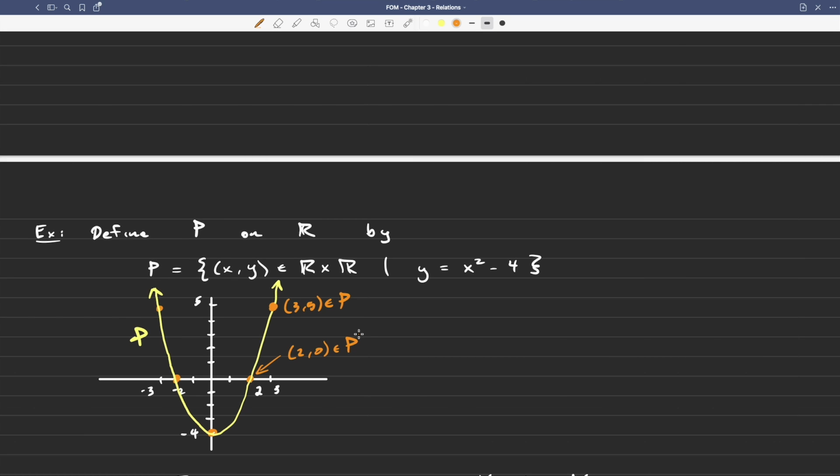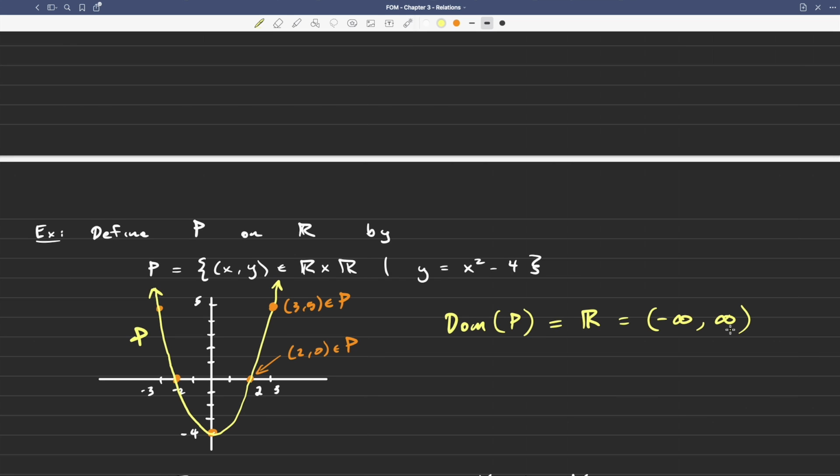Since the parabola opens forever to the left and to the right and every point in between, you can see just from the graph that the domain of P here is the set of all real numbers. If you want to use interval notation, you could say negative infinity to positive infinity, like so.